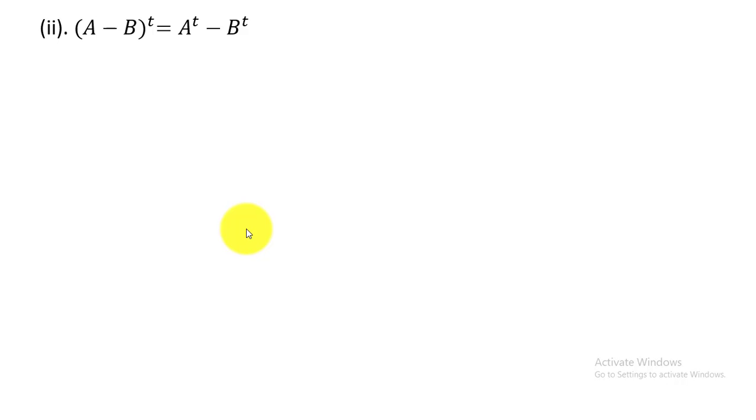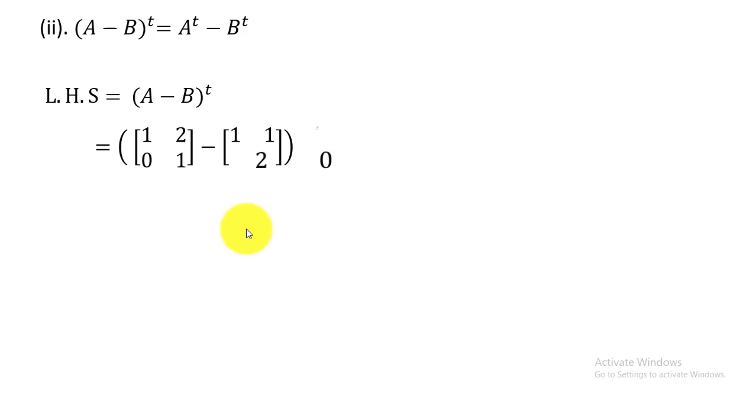In second, verify that A minus B whole transpose is equal to A transpose minus B transpose. Left hand side is equal to A minus B whole transpose. First, we find the difference of matrix A and B. We subtract matrix B from matrix A, so we just subtract the corresponding elements of both matrices.